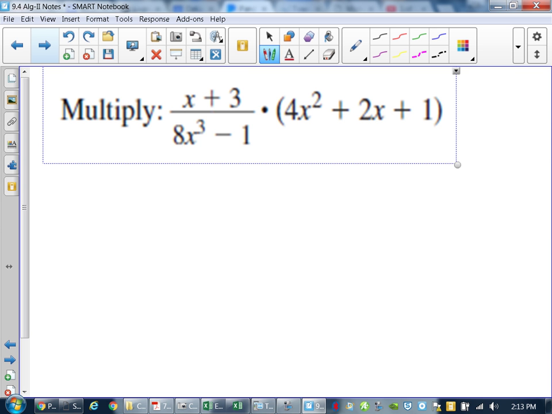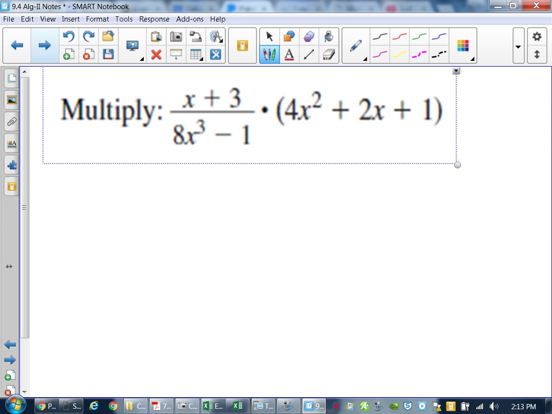Oh no, I have to remember how to factor a difference of cubes or sums of cubes. Let's see.